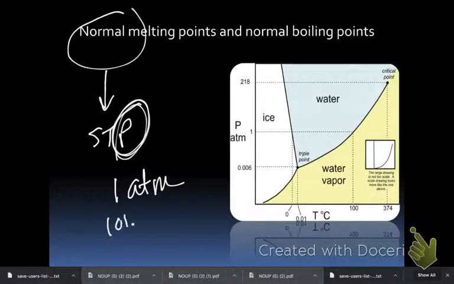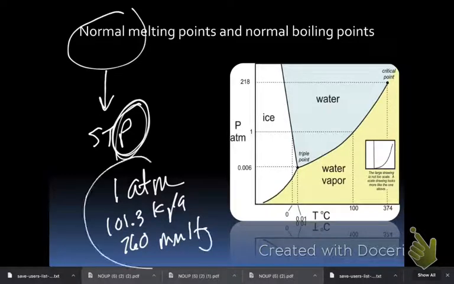It could be 101.3 kPa, or it could be 760 millimeters of mercury. All of these are equivalent. It's just different units describing the same thing. It's like 1 foot is 12 inches, etc. So when we talk about normal, we are looking for what happens here at 1 atmosphere. There's our normal pressure.